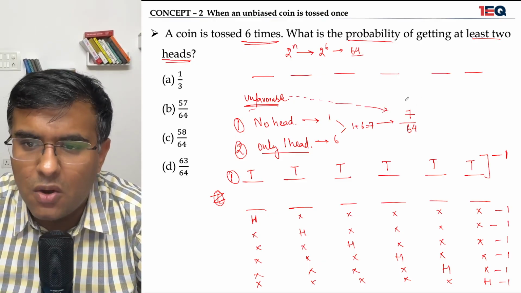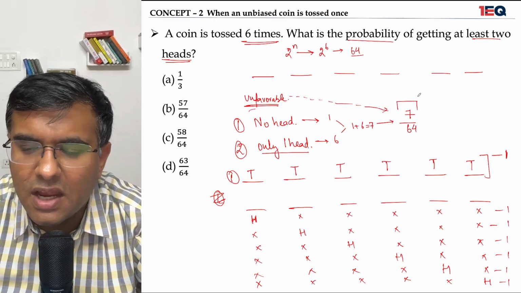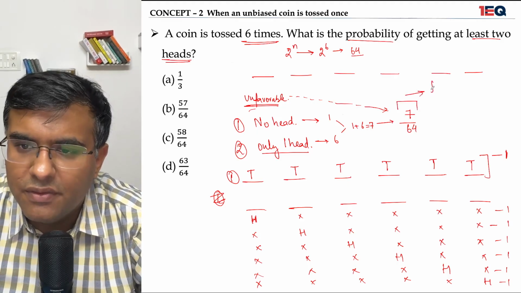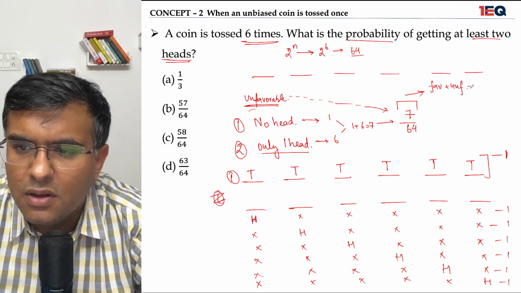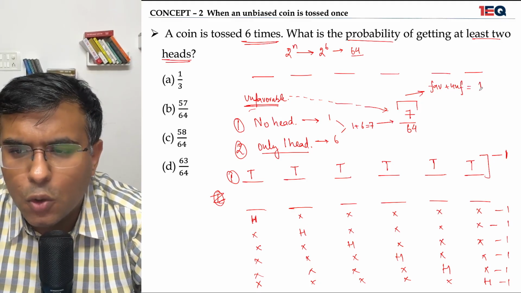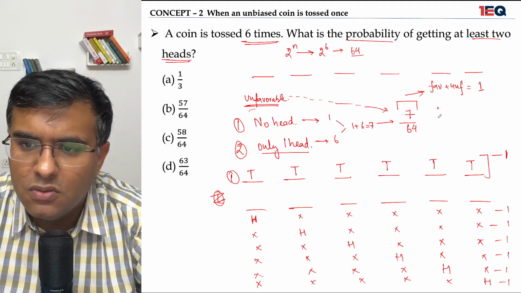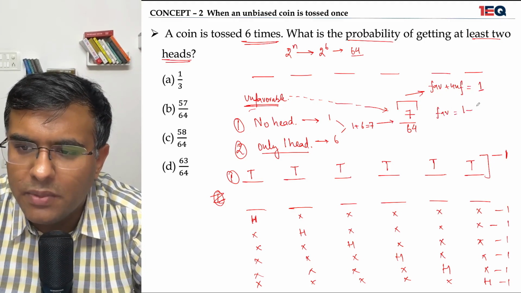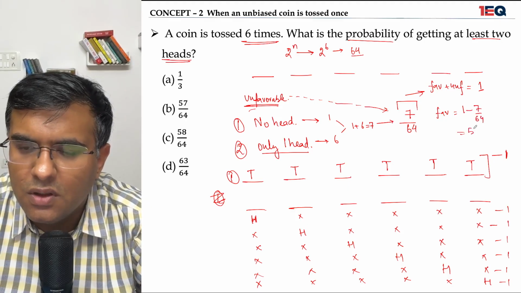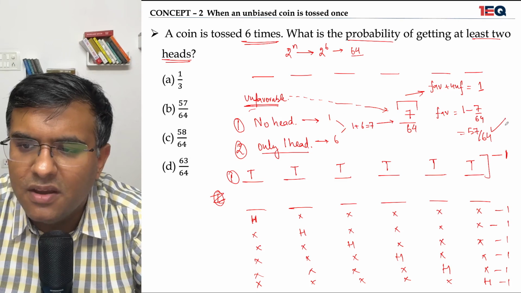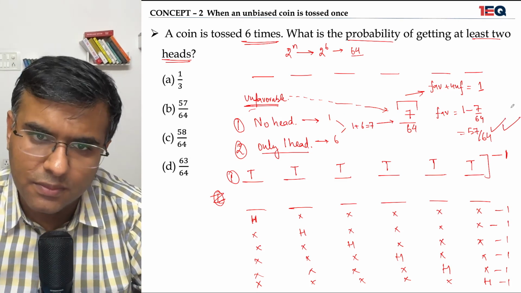And just now, like 15 minutes back, I have told you that favorable plus unfavorable together make 1. So the answer of my favorable probability would be equal to 1 minus 7 upon 64, which is equal to 57 upon 64. And this is my final answer.